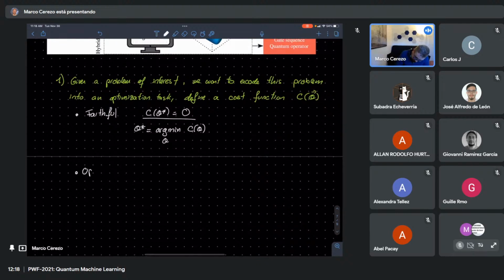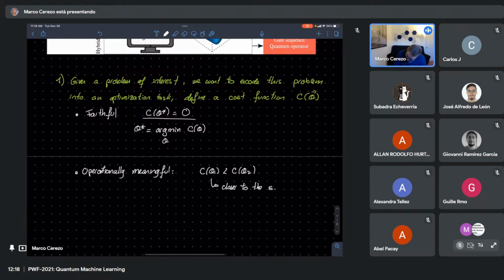We also want it to be operationally meaningful. So what does this mean? We mean that small cost function values have a meaning. So if I have C of theta 1 smaller than C of theta 2, that means that the set of parameters theta 1 is closer to the solution.